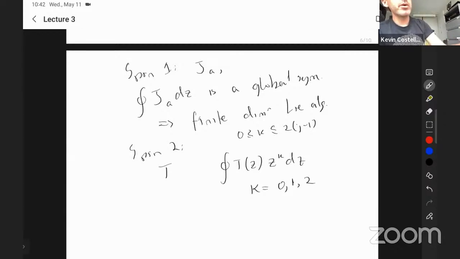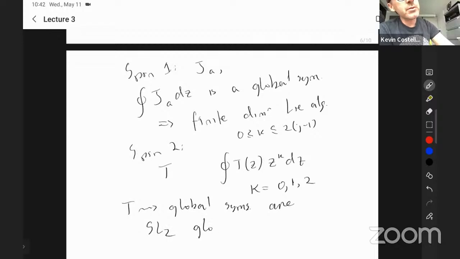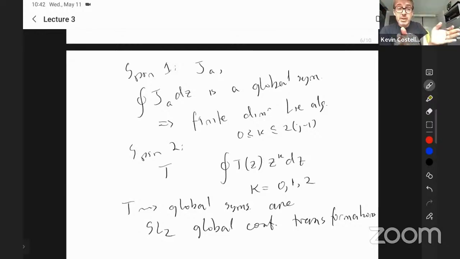So for a spin 2 operator, like the stress energy tensor, the global symmetries are the SL2 global conformal transformations. As you increase the spin of the operator, you get more and more global symmetries.